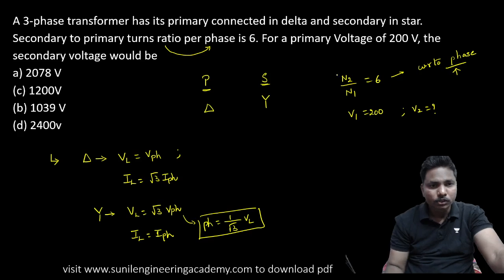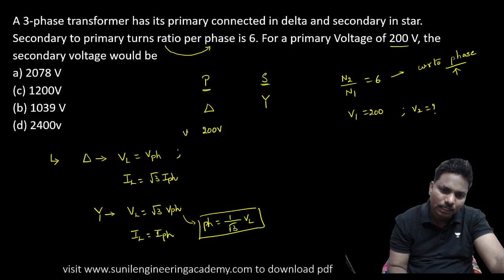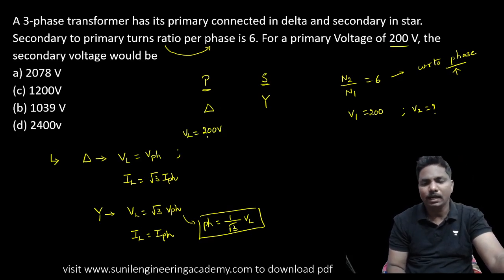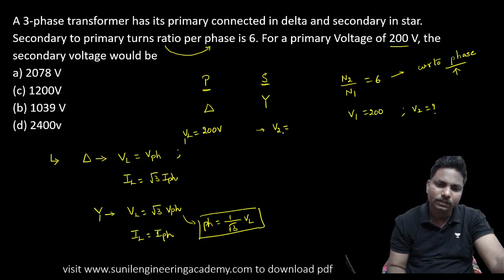In this case, they have given the primary voltage and are asking for the secondary voltage. Delta is the primary, so whatever voltage they have given is the line voltage, and in delta, line voltage and phase voltage are both the same. We need to find the secondary voltage in line values.